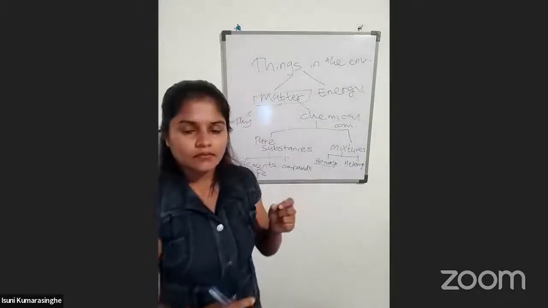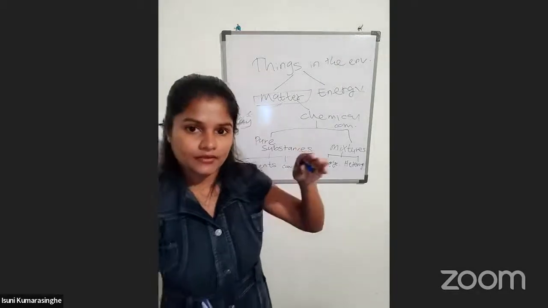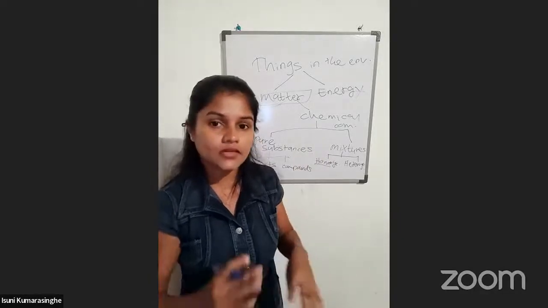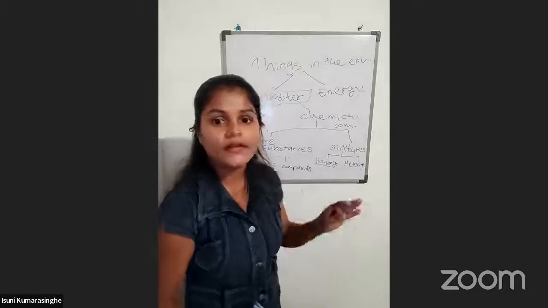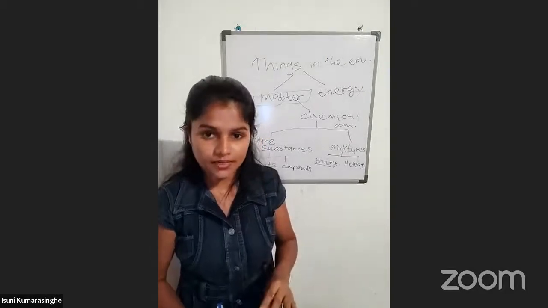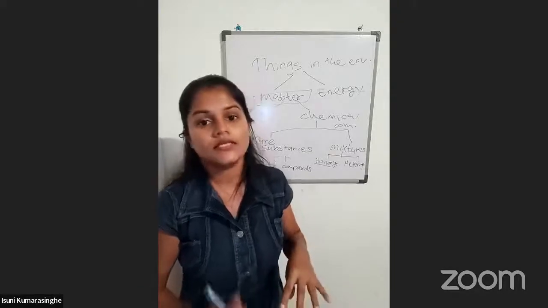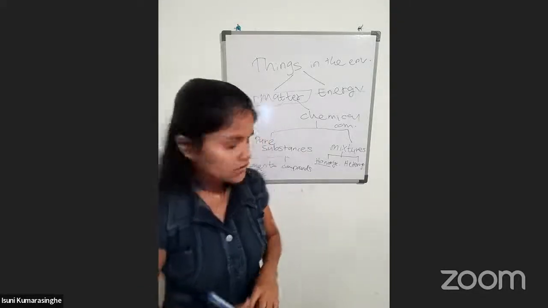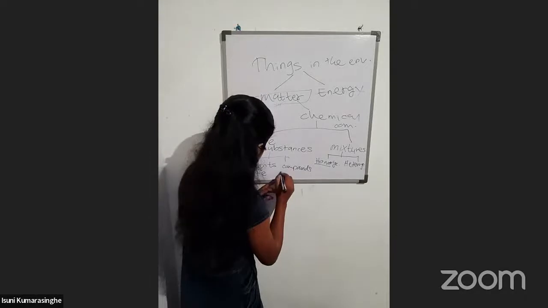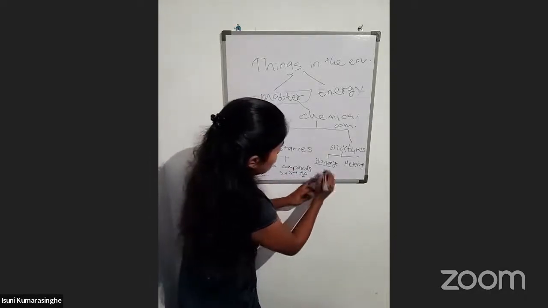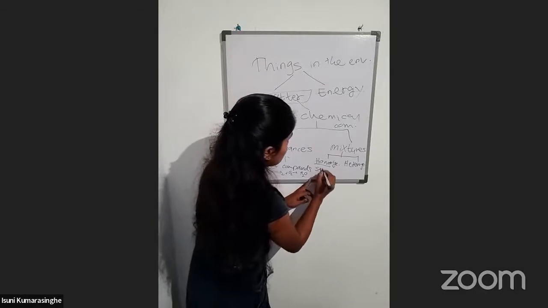If you take some small part from the top layer, the middle part and the bottom part, and check their composition, the composition is all the same. That means their composition is uniform throughout the sample. Example, salt solution.